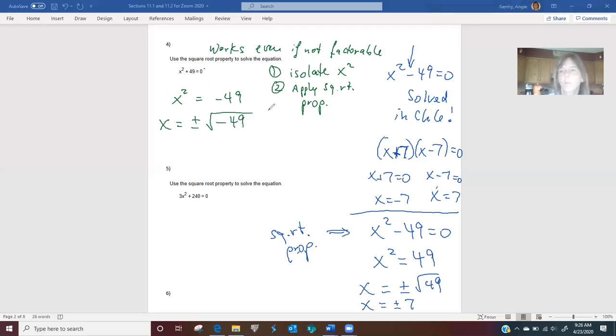Now you have to be careful. You're going to use other things that you've done. What does that mean? You're going to pull the i out, because square root of negative 49 could be written as square root of negative 1, which is i, and the square root of 49 is 7. So then the final answer, x is plus or minus 7i.